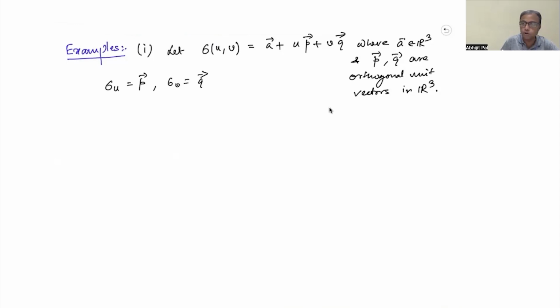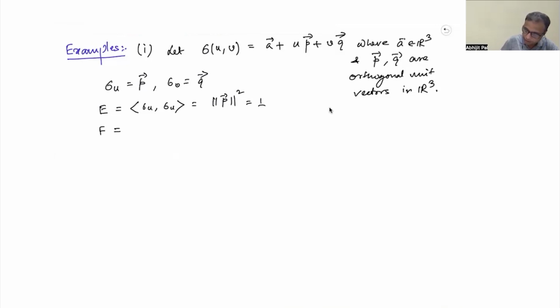And what will be the coefficients of the first fundamental form? E is equal to the inner product of sigma_u with sigma_u, so this is equal to the norm of p square. The norm of p is equal to 1 because I have taken it to be a unit vector.